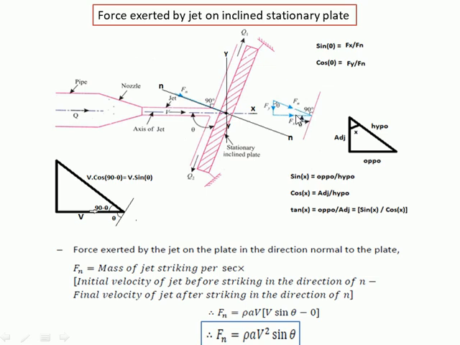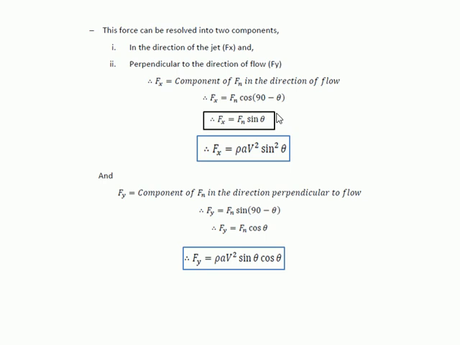Therefore Fx is equal to Fn cos of 90 minus theta, that is Fn sin theta, and Fy is Fn into sin of 90 minus theta, that is Fy is equal to Fn cos theta.